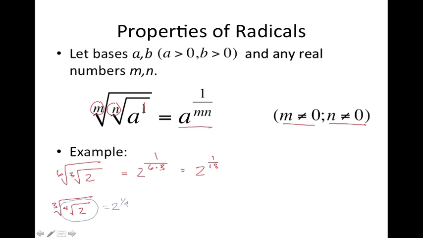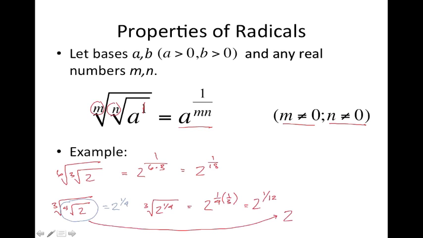But then I have to put it under this bigger radical, so now I have the 3rd root of 2 to the 1/4, and that's like saying 2 to the 1/4 times 1/3. So 2 to the 1 over 12th power. And I could take that straight from here. I can say the base is going to be 2, and I'm going to have 1 over m times n, so 3 times 4, that's going to equal 2 to the power of 1/12.